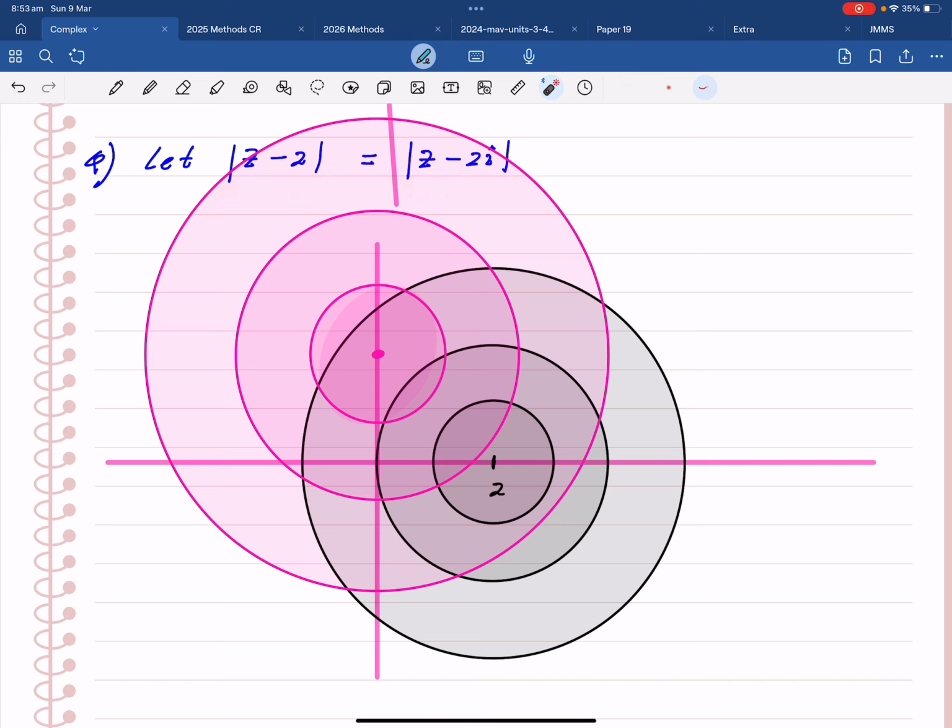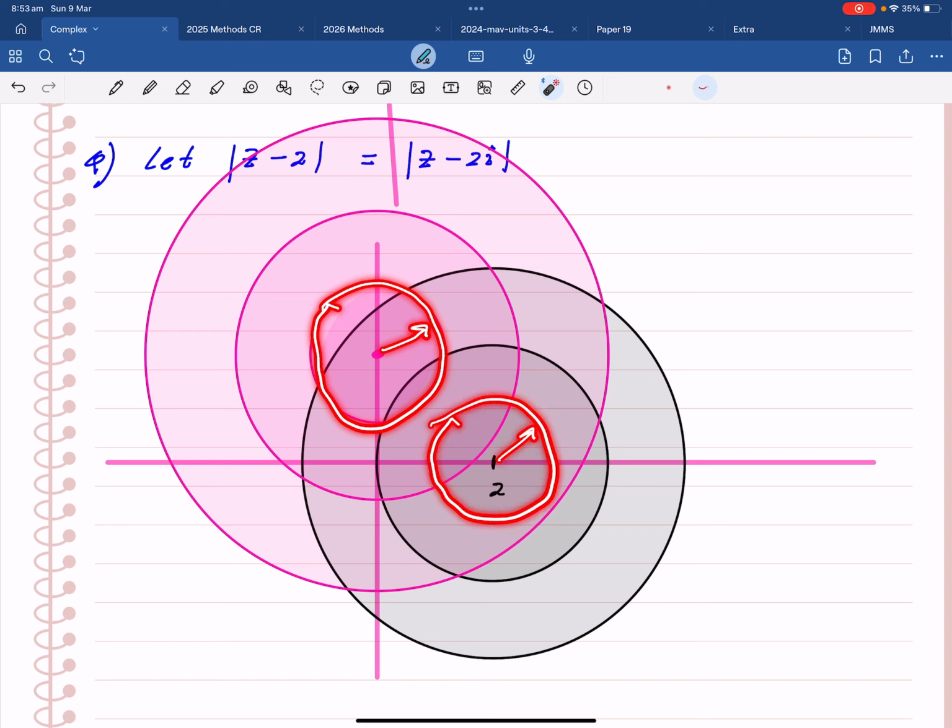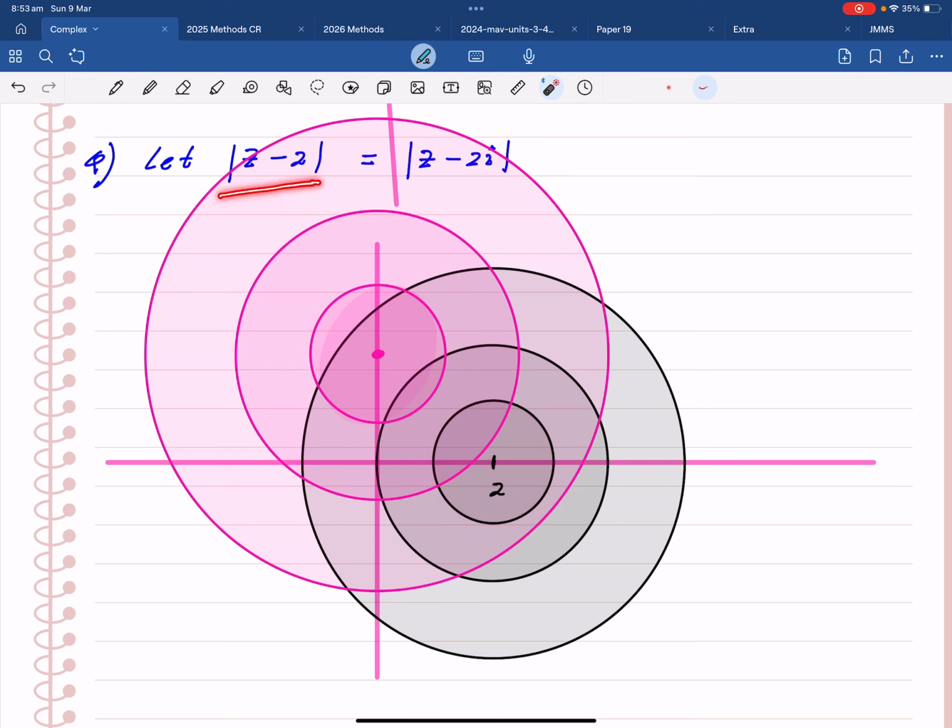So if you think about this circle over here, and suppose the radius is some amount. If you think about this circle over here, and the radius is some amount, what this is saying is that this is a circle and this is a circle.